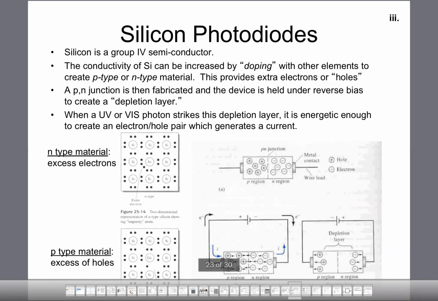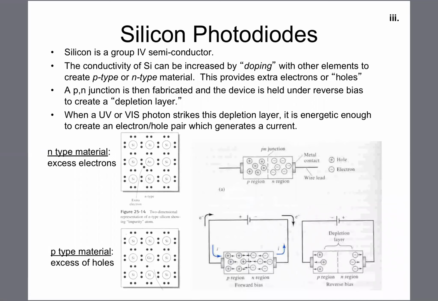And the great thing about these silicon photodiodes is that they're really inexpensive and really small. You can make them very, very small. People have gotten really, really good at building these tiny little semiconductor technologies. And what's the significance of making it really, really small?